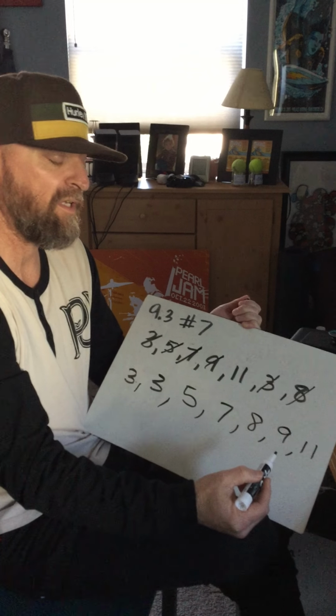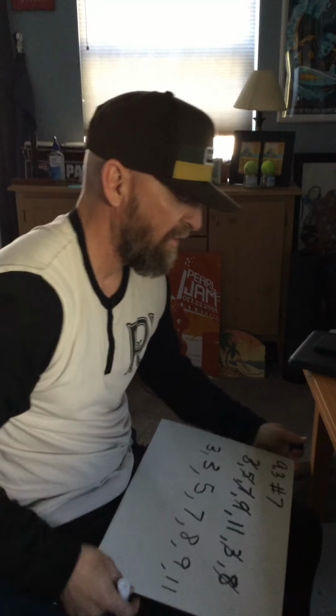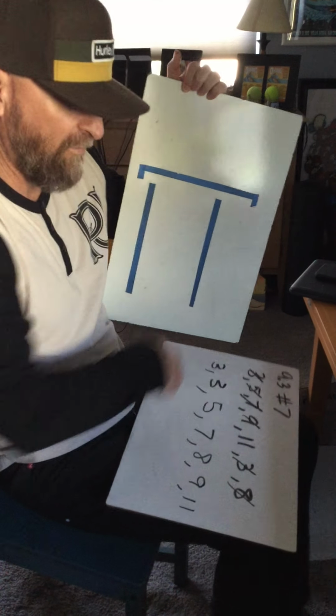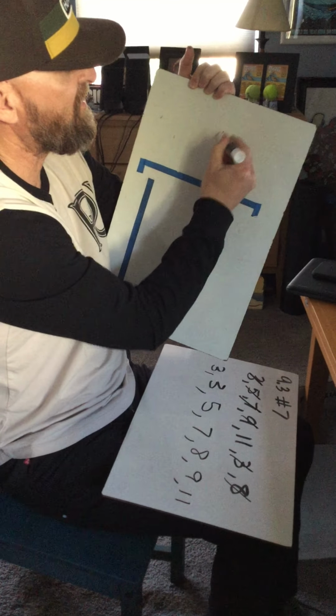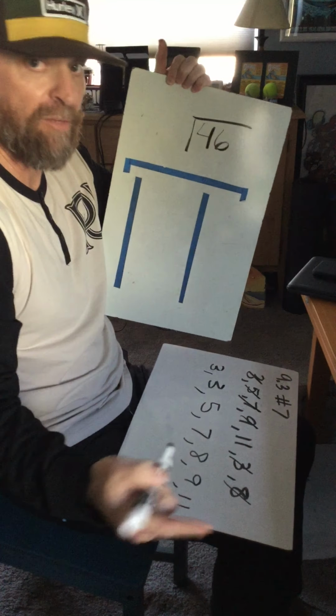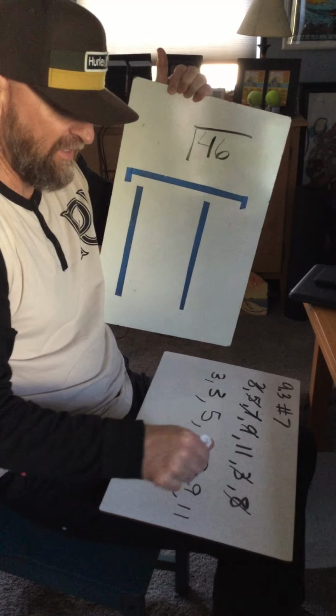Now, when we were doing the numbers before for mean, if you remember, we were taking the sum of all the numbers, and the sum in this case was 46, and we were dividing it by the number of addends. So the number of addends is 1, 2, 3, 4, 5, 6, 7.